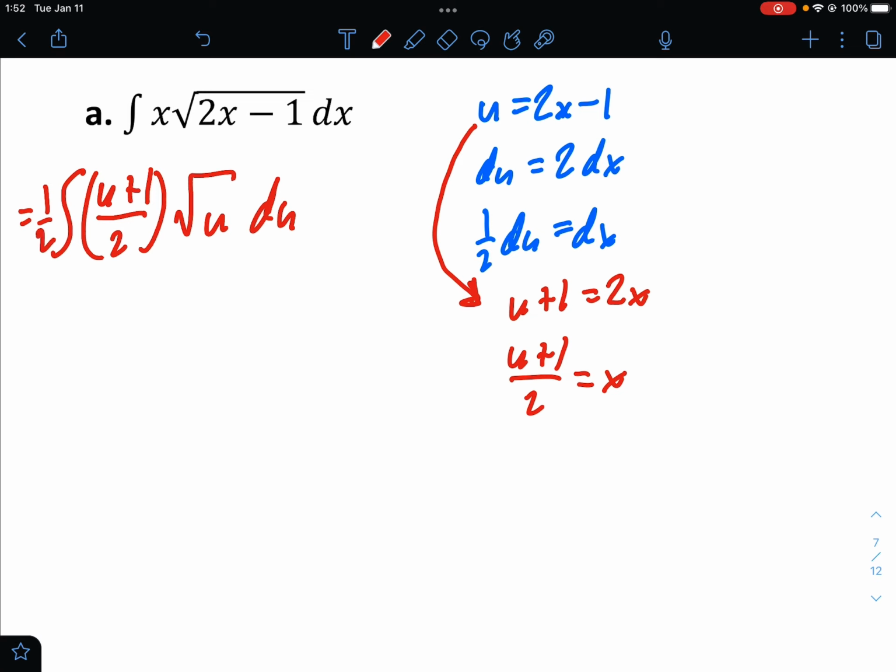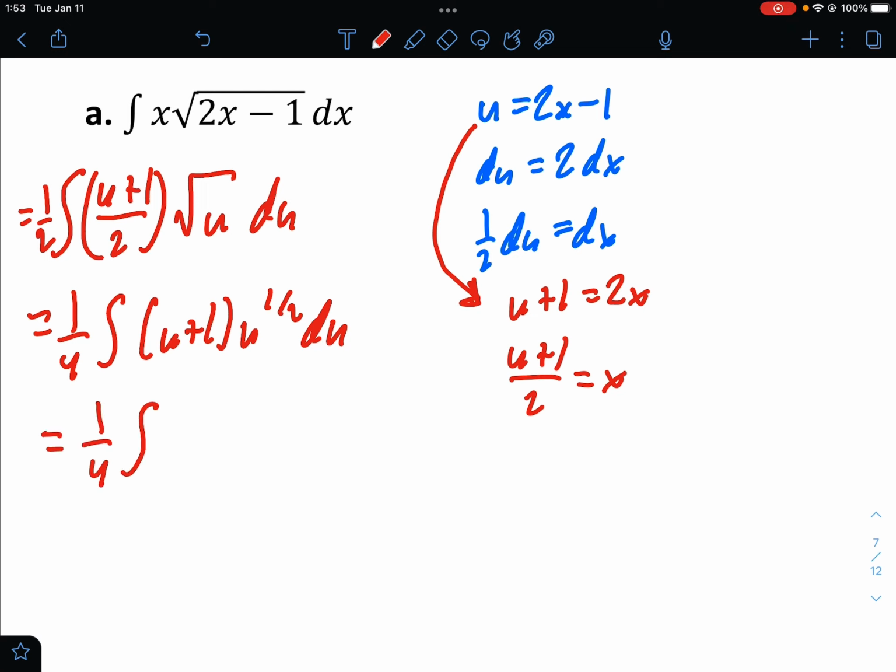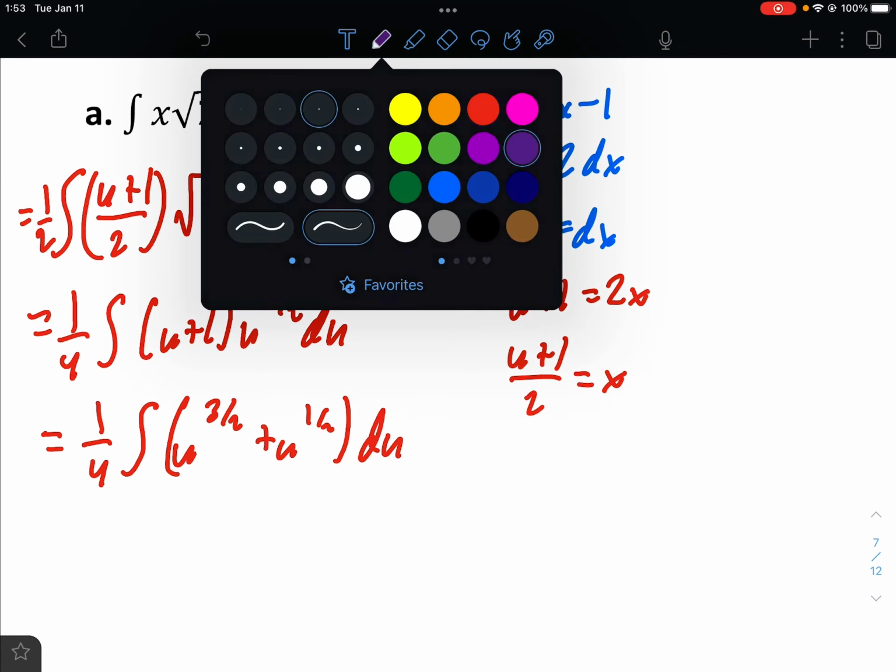Simplifying this a little bit, I could take this 1/2 and pull it out in front as well. So now it becomes 1/4 the integral of u plus 1 times u to the 1/2 du. Still can't integrate this yet, but with one more small step, this becomes a very simple function to find the integral of.